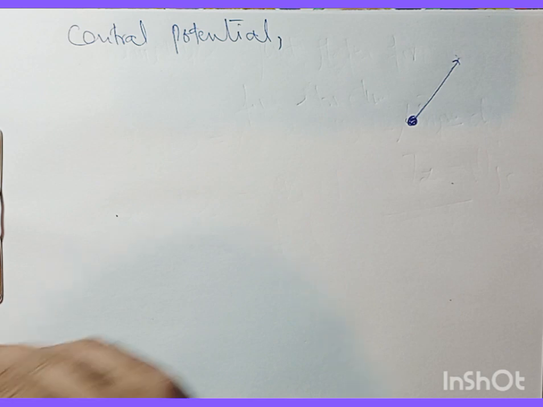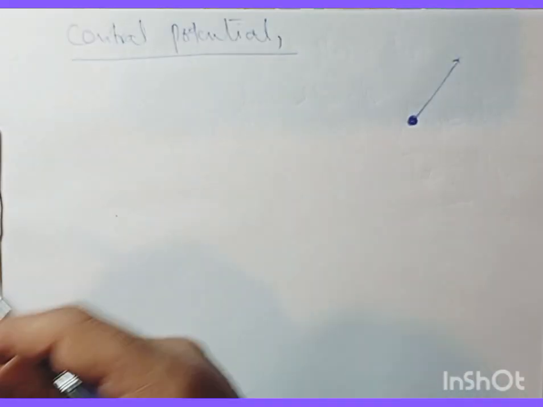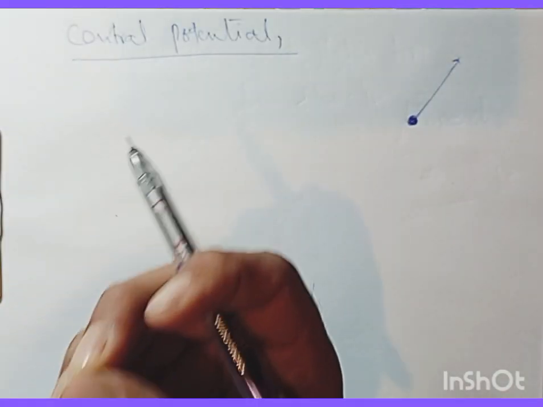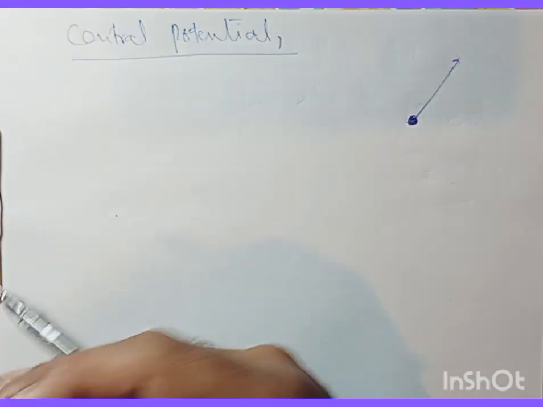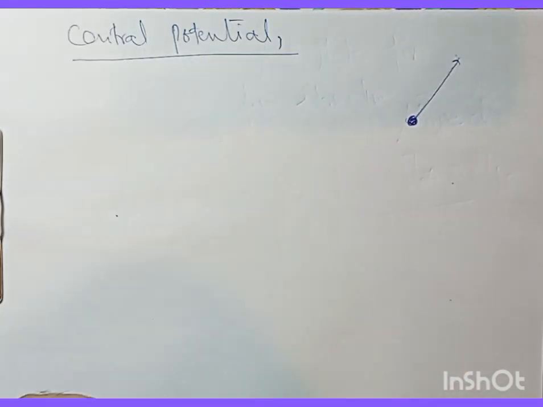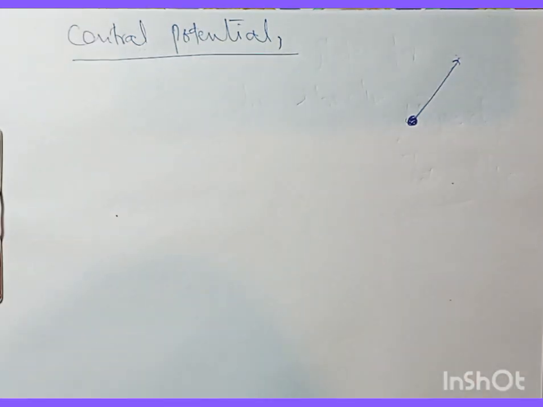Central potential basically means that you have a geometrical point from which everything surrounding that origin is symmetrical. There's complete symmetry with respect to that point of reference.